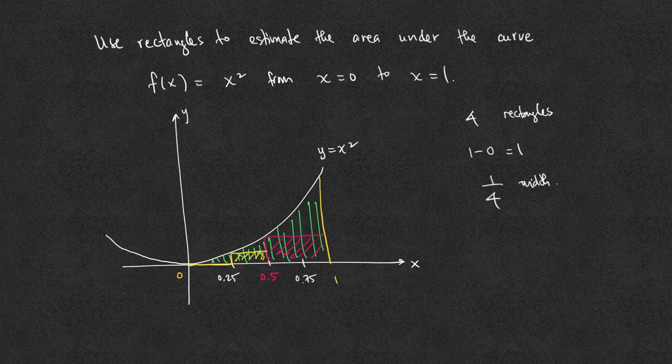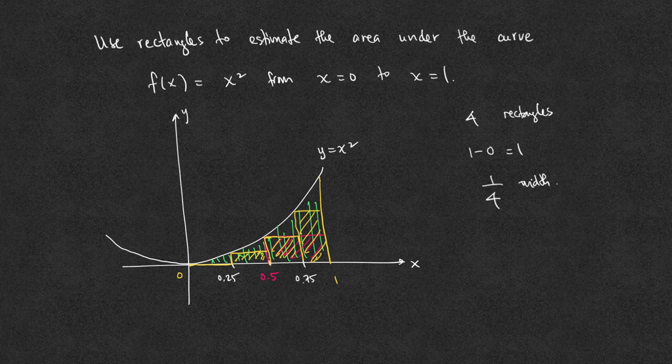For the next rectangle, the height is at x equals 0.5, but remember that the height is the value of the function, so we would have to plug 0.5 into x squared. And then for the next rectangle, we would use the height of f of 0.75, or 0.75 squared. In this case, since the function is increasing, using the left endpoint would give us an underestimate.